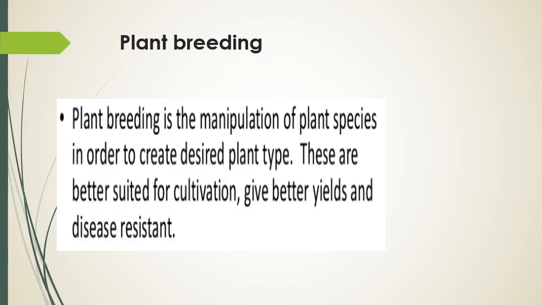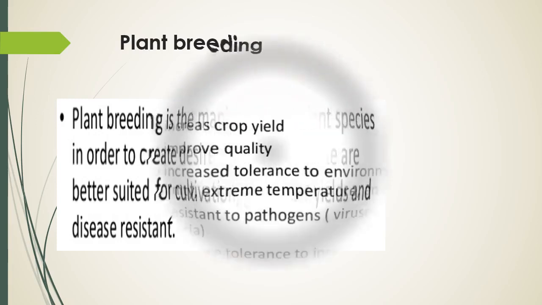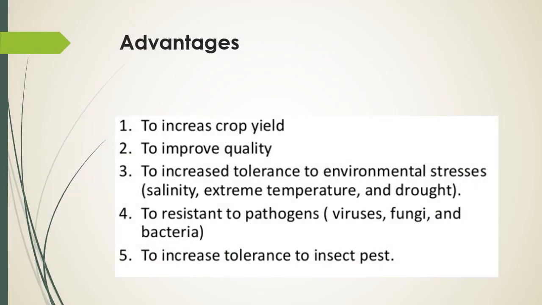I think it's clear what plant breeding is. Now, what are the advantages of plant breeding? Let's see them one by one. First, to increase the crop yield, to improve the quality, and to increase the tolerance level that we already discussed. What are the different environmental issues? Salinity, extreme temperature, and drought.